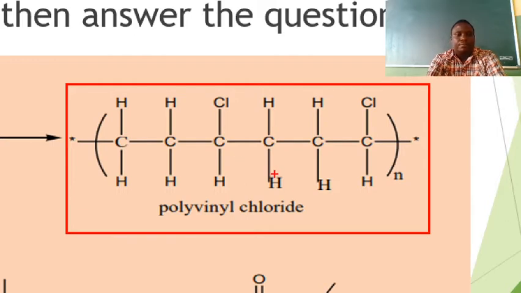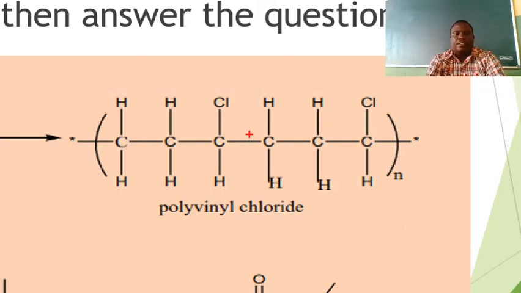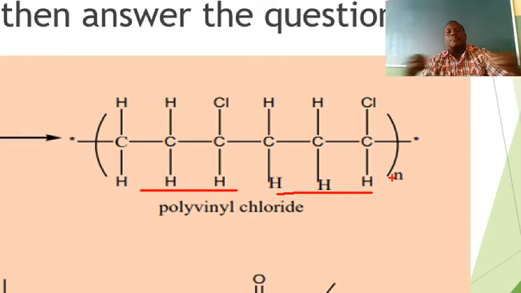This is the first unit, and here is a second unit. You see that depending on the degree of polymerization, you can form a long chain. Here I have taken n to show that this can make a chain.